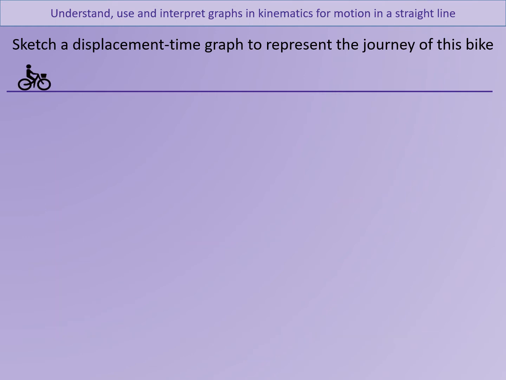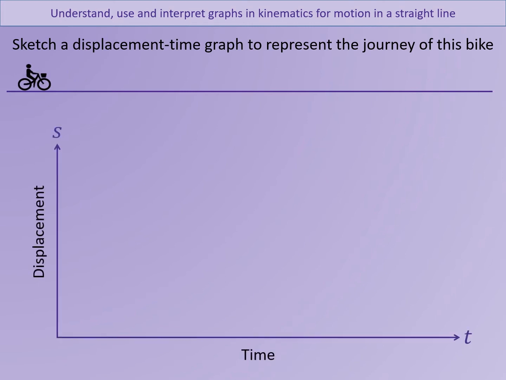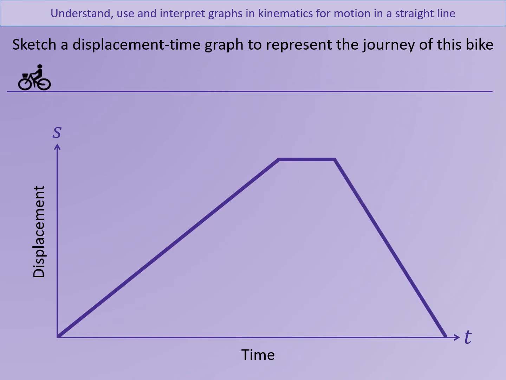Now do the same with this journey. So we're going to do that again, but with the graph. So we can see that initially the bike set off at a constant speed to the right, paused briefly, and then returned at a constant speed but faster to the left.